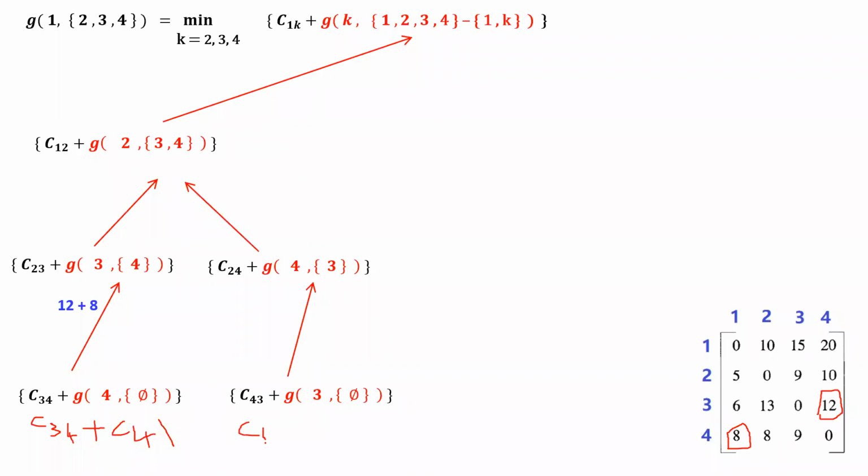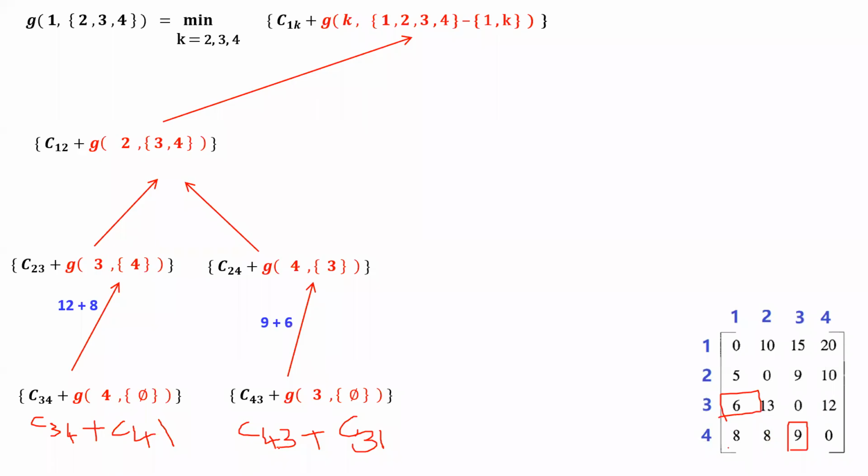This is C43 plus this is C31. Now C43 is 9. C31 is 6. 9 plus 6, the value will be 15.